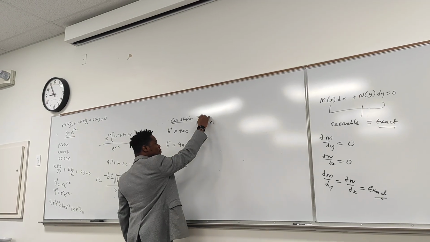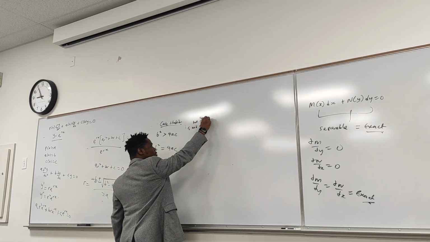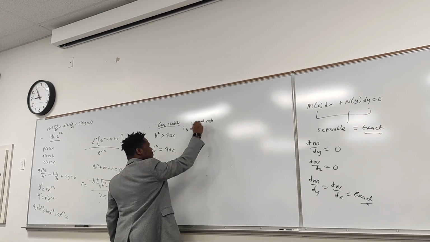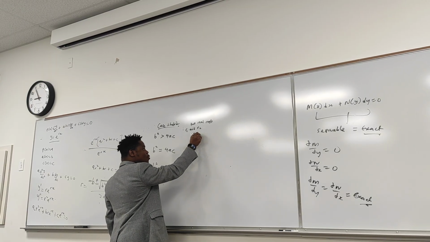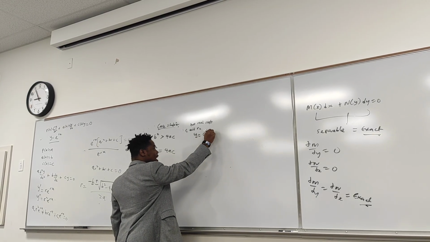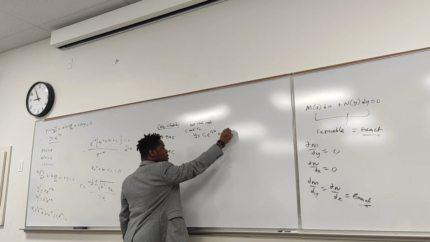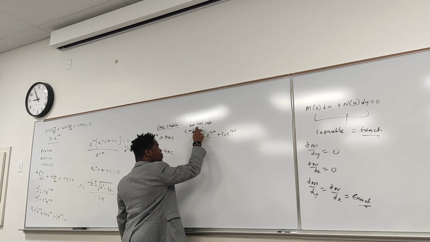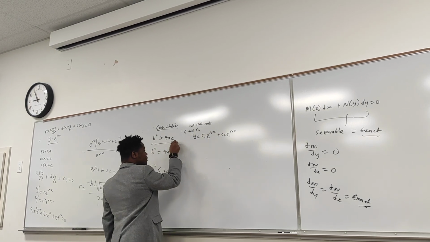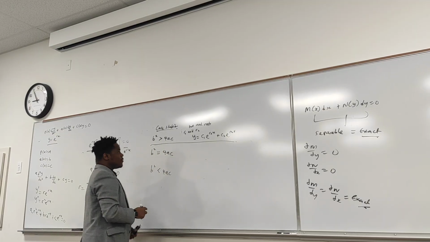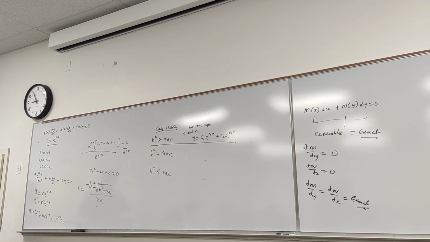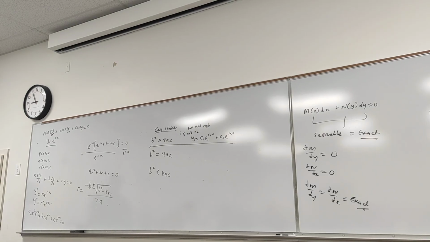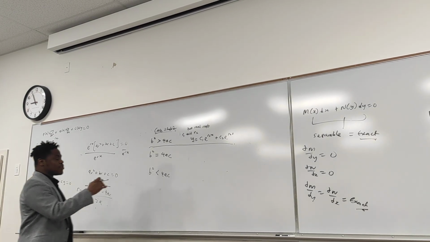So your solution would be y equals c1 exponential r1x plus c2 exponential r2x, given r1 and r2 are the roots for this case. That will be your solution to the differential equation.